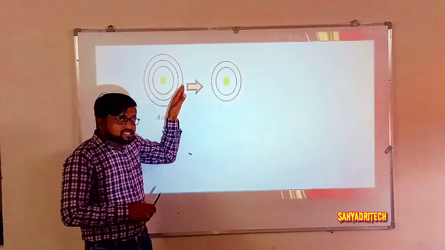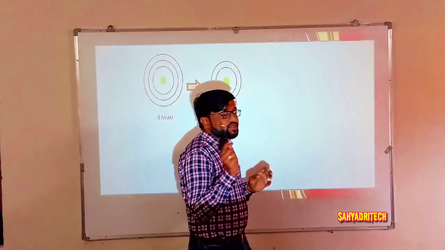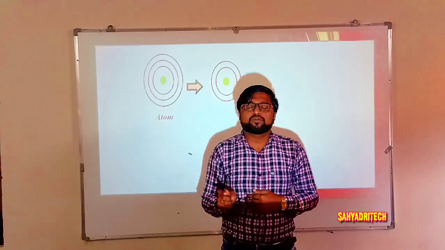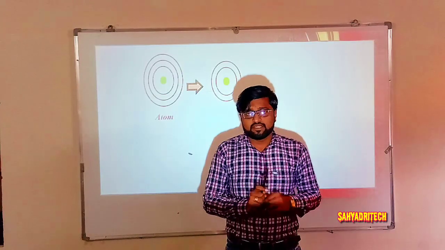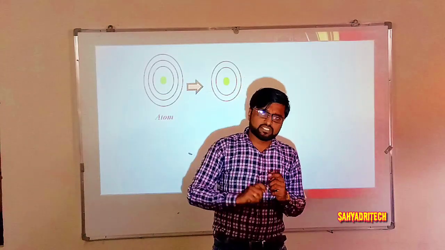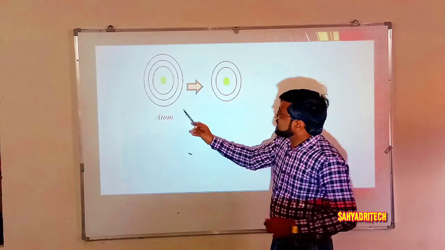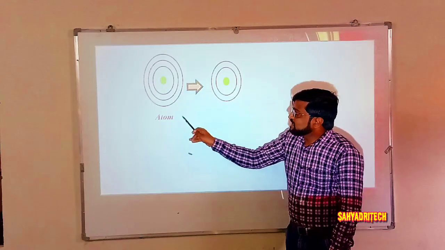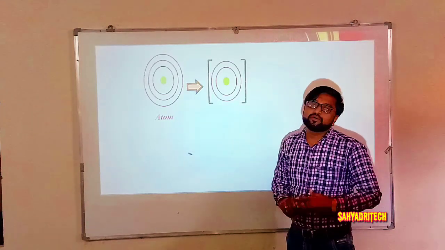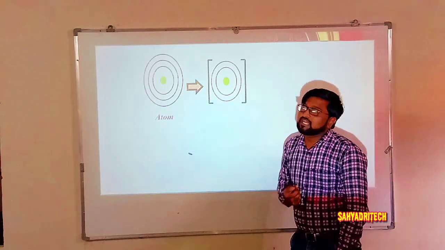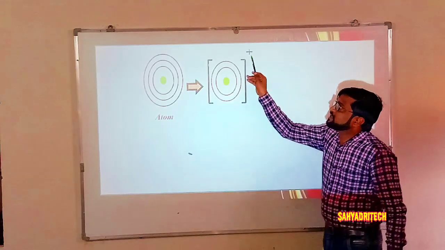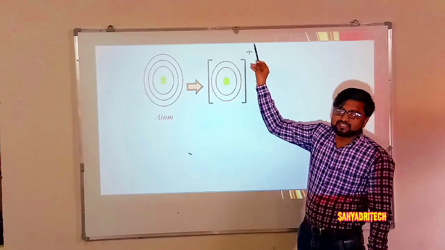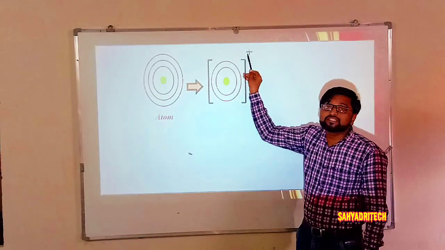We know that a chemical species will be neutrally charged only when the number of protons is equal to the number of electrons. Now, if one of the electrons is lost, then the atom will be converted into an ion. And what charge will be there? It is going to be a positive charge. If one electron is lost, it is going to carry a plus one charge.